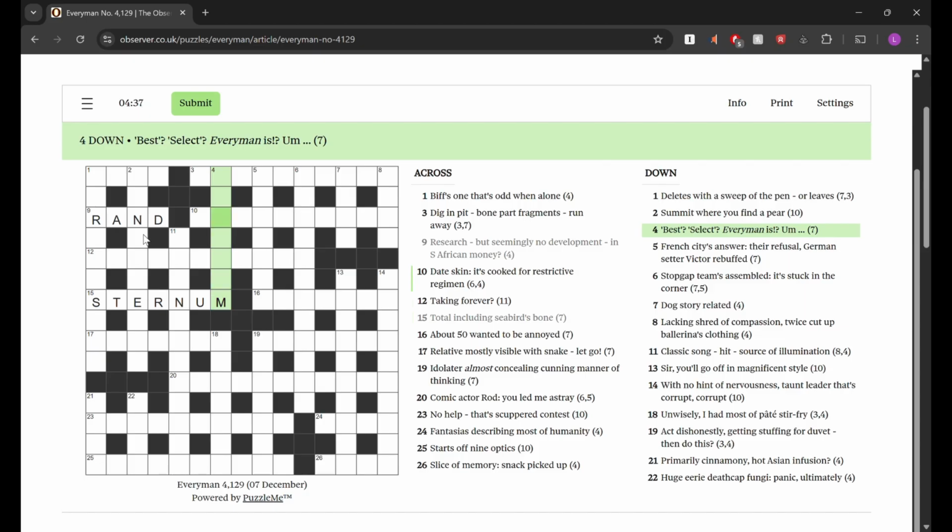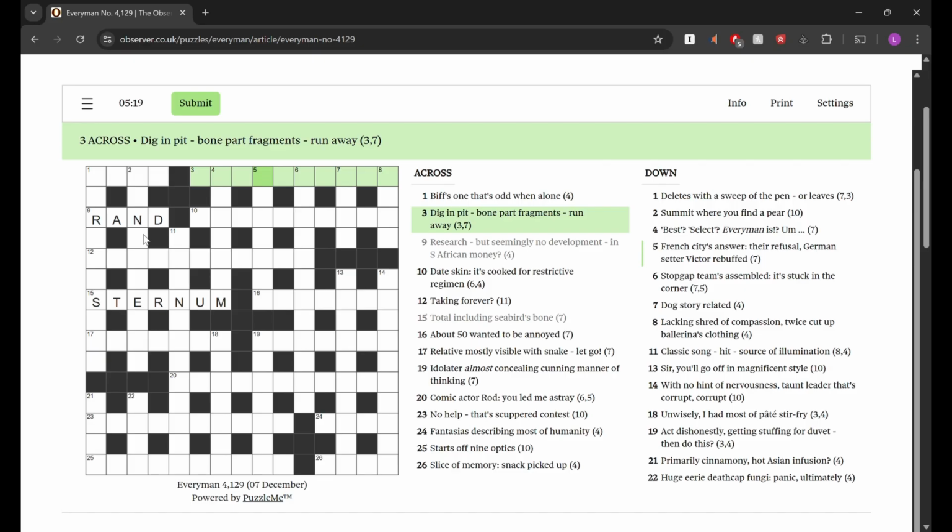Okay, 4 down. Best, select, Everyman is, come back to that one. 3 across. Digs in pit, bone part fragments, run away. Dig in pit, like a sty or something.